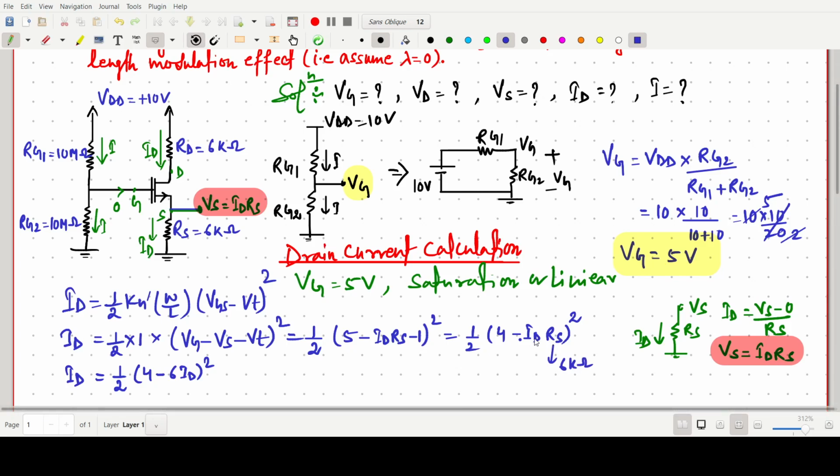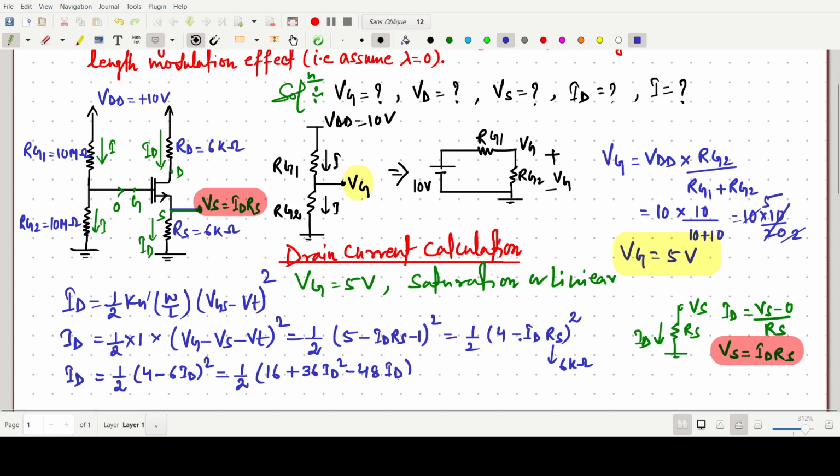So better to write 6, ID in milliampere, so milli and this kilo will be cancelled. So simply we have to write 6. So it should be 1 by 2 times 16 plus 36 ID square minus 4 into 2 is 8, 8 into 6 is 48 ID. A minus b whole square, simple formula we have used.